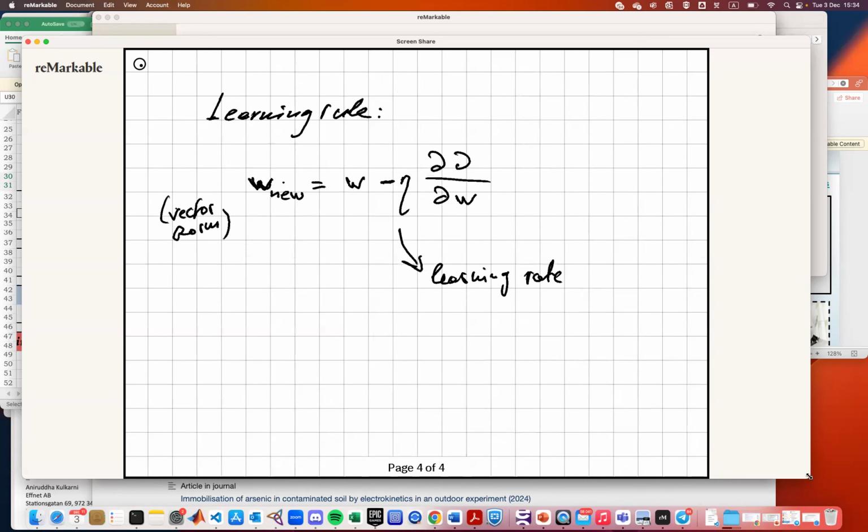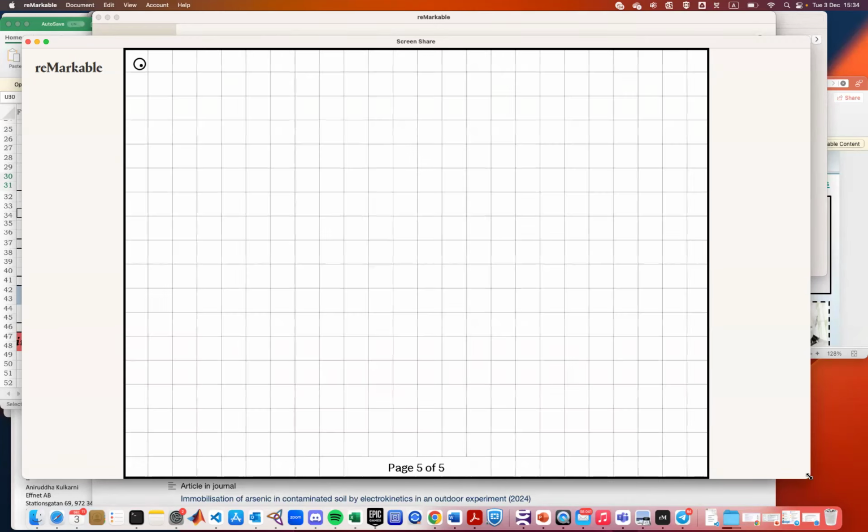And that is a very shortcut way of explaining the shape of artificial neural networks. This is what is called the multi-layer perceptron, MLP.